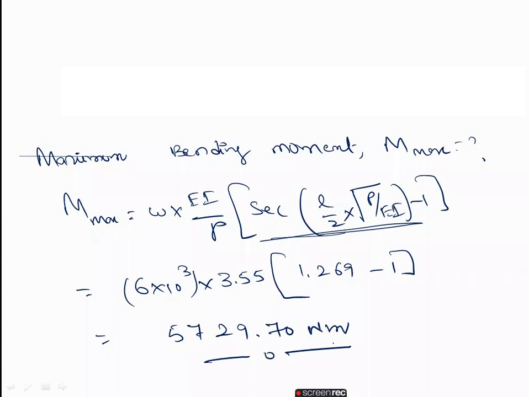Now we have to calculate the stress due to direct loads and the stress due to maximum bending. Why? Because if we calculate the stress due to direct load, sigma naught, as well as the maximum bending stress, finally we can calculate the maximum stress induced, whatever they asked in the question.